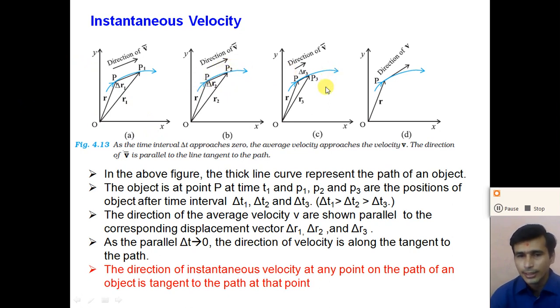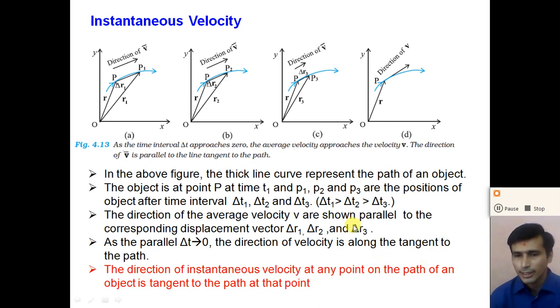In the third case, it is in the direction of delta r3. So from that we can say that the direction of the average velocity is in the direction of the displacement vector. Now as we reduce the time interval delta t approaching zero, very small, the direction of the velocity is along the tangent to the path.